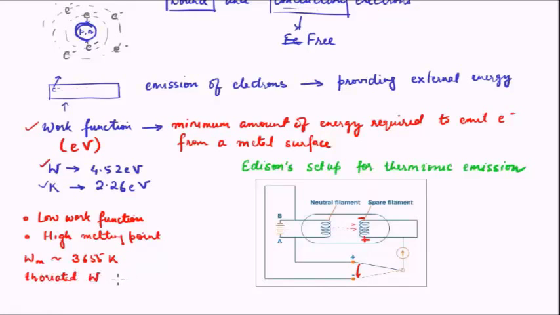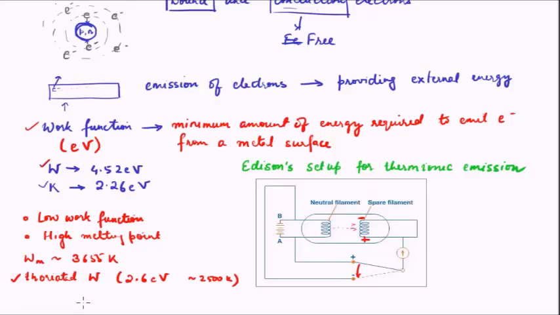What this does is the work function is reduced to 2.6 electron volt, and under such circumstances, even at 2500 Kelvin, electrons can be emitted. Thereby this is much lower than the melting point of tungsten, and this is a good choice for a thermionic emitter.